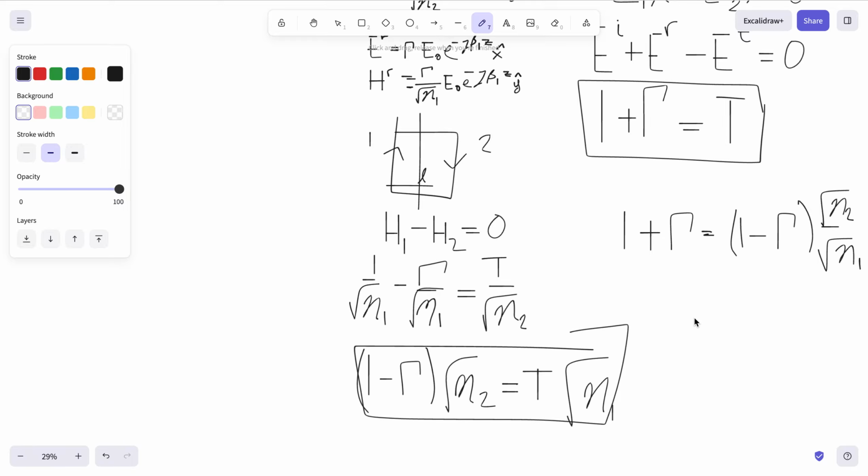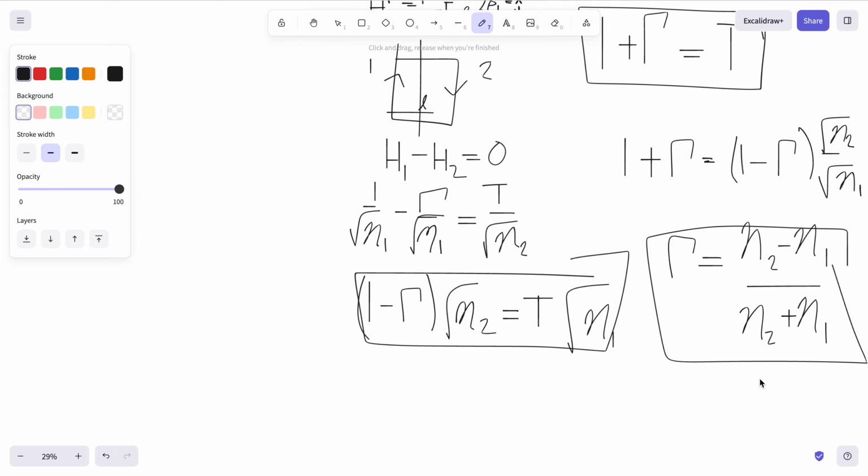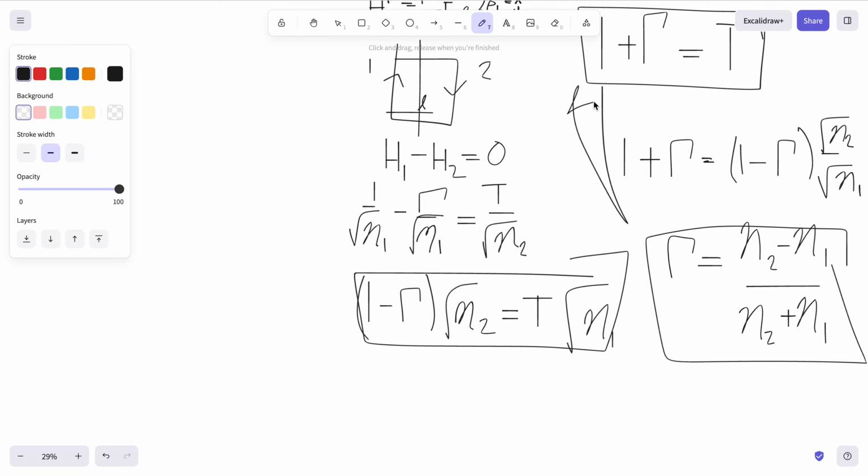And then solving for gamma, we get gamma equals mu 2 minus mu 1 divided by mu 2 plus mu 1. And then our transmission coefficient is just that, plus 1, using this equation.